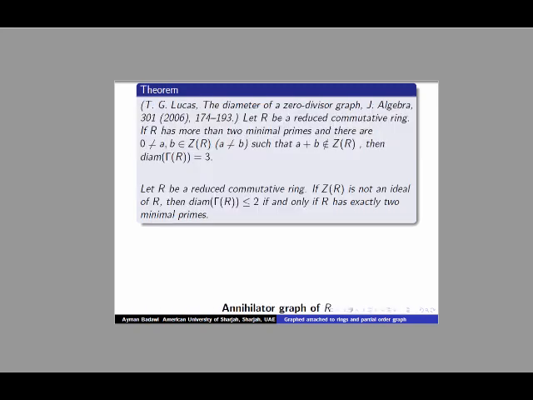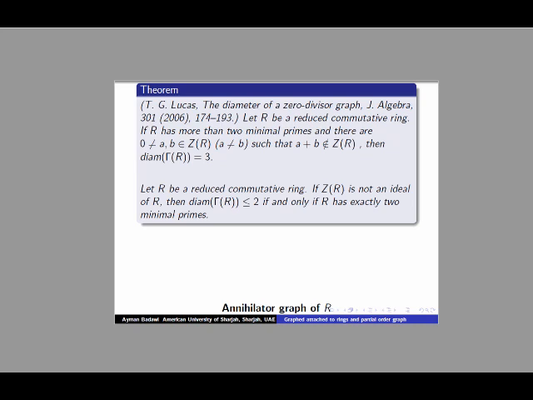Okay, Lucas gave a characterization for diameter. In fact, maybe I did not mention it, but I will mention that to you now.